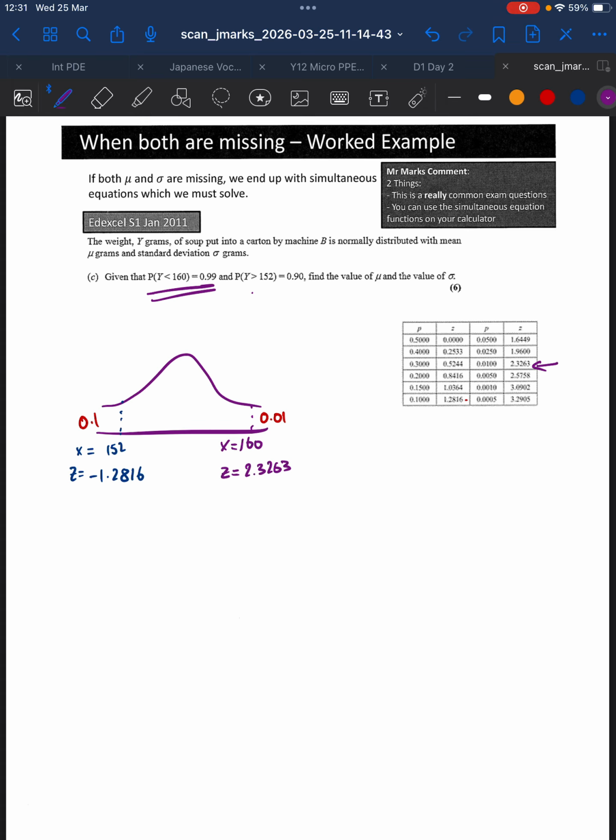If I write the code, let's write it here first. So here we're going to do 2.3263 equals 160 minus mu over the standard deviation. Then a lot of people tend to do this.